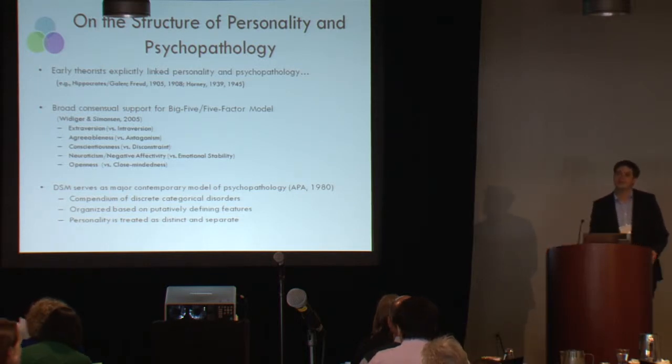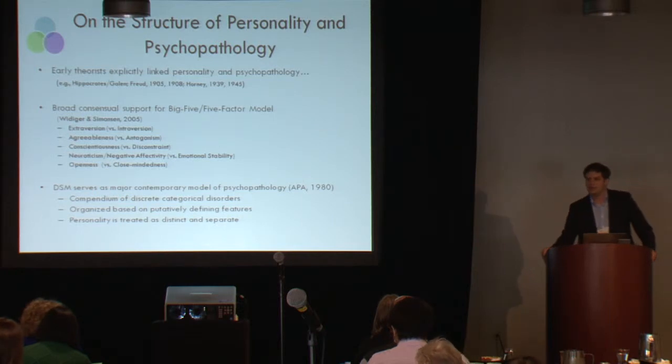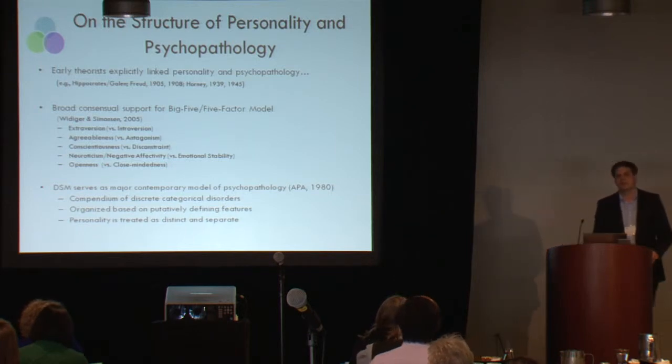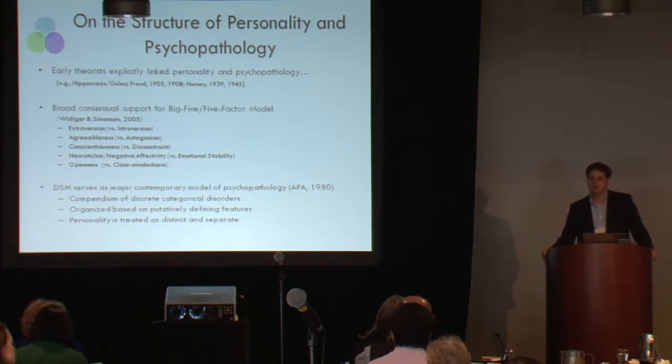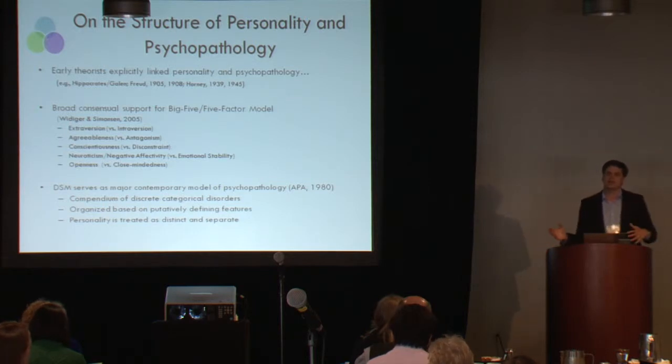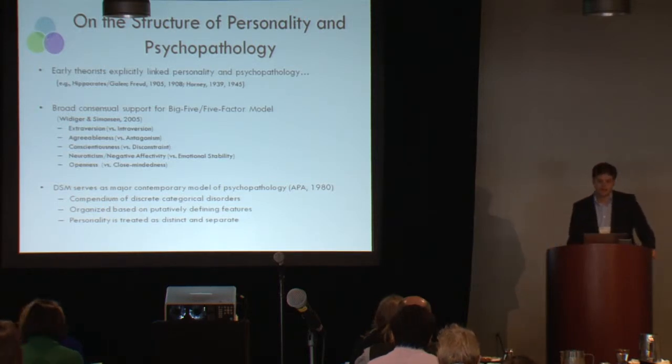So for example, there's a mood disorder section, there's an anxiety disorder section, there's a psychotic disorder section, and so on and so forth. And in this model, personality is explicitly treated as separate from a couple of standpoints. One, personality isn't directly in the model per se, but there are personality disorders, and these are treated as on a separate axis and treated as if these are separate and distinct from both each other and axis 1 disorders.